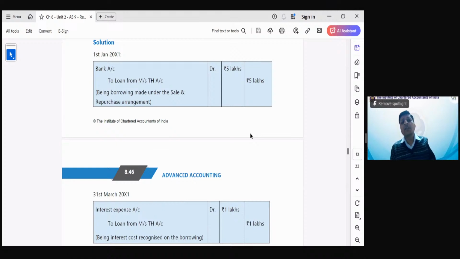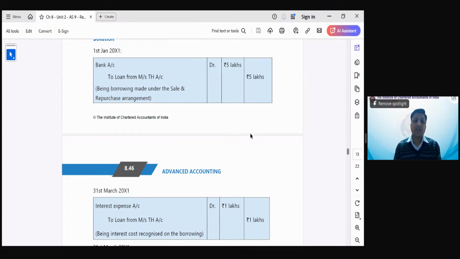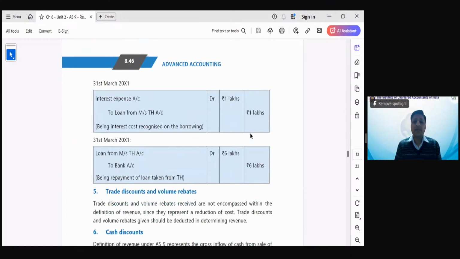KJ will record the loan: bank debit to loan. And on 31st of March, when this loan will be repaid, KJ will say loan debit to bank, and this additional payment of 1 lakh will be recorded as interest expense. Understood? Clear on this?